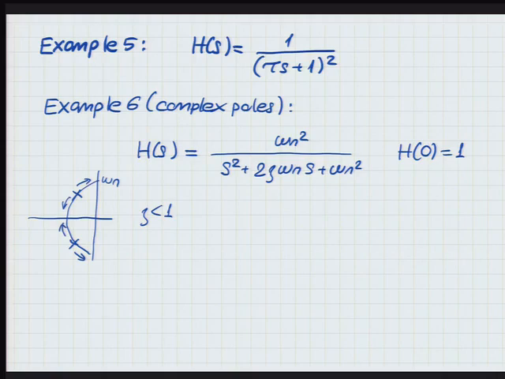Okay? And in fact, when zeta is equal to 1, what happens? This guy here, the denominator, becomes a perfect square, right? It becomes (s plus omega n) squared when zeta is equal to 1.